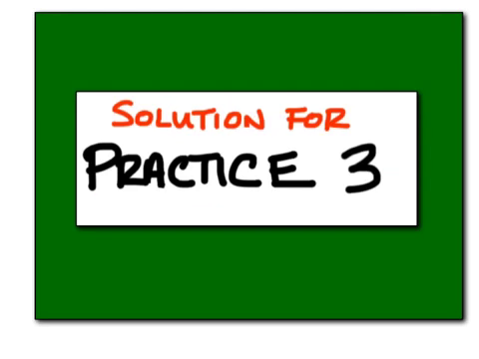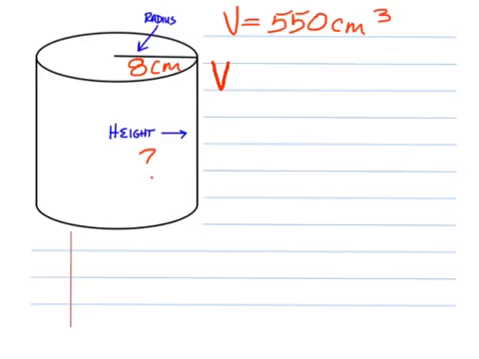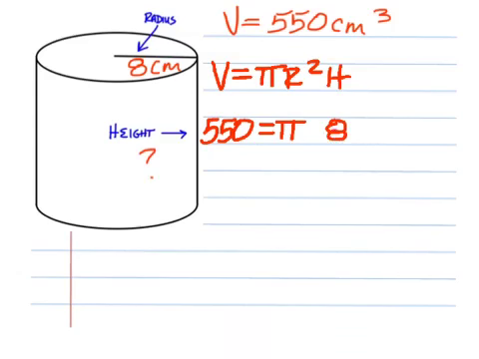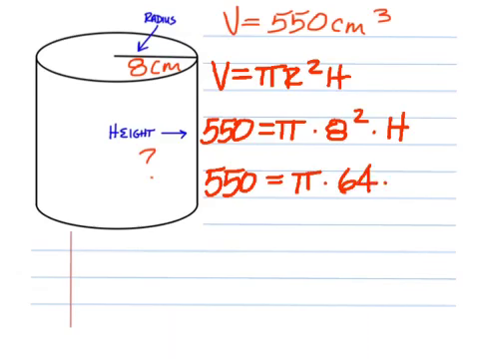Here, solution for practice 3. Write out the formula and then plug in what you know. Now to solve for h, you have to divide by what's with it. Before you do that, you can simplify the 8 squared to 64.